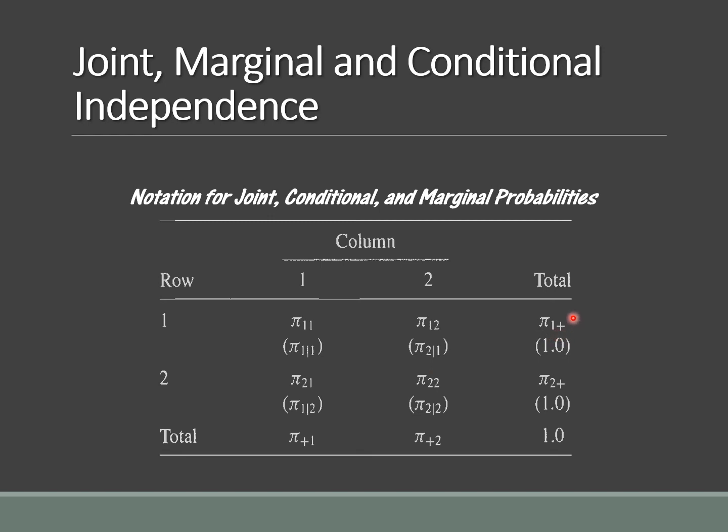And then to get pi 1 plus, you need to consider, of course, only row 1. And then pi 2 plus, consider only row 2. And then pi plus 1 and pi plus 2, you need to consider only column 1 and only column 2. Okay? To get pi 1 given 1, it's just pi 1,1 divided by, depending on whether this is i or this is j, n plus 1 or n 1 plus.